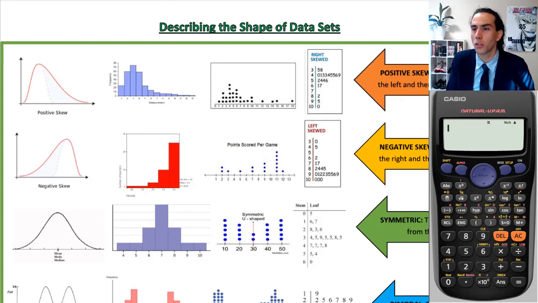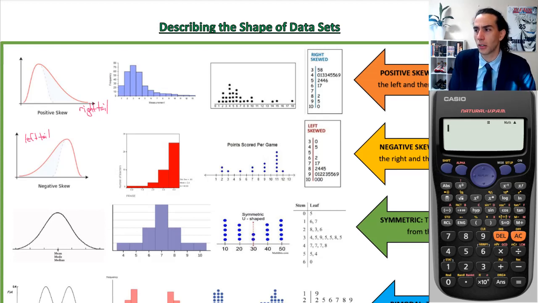So long tail. The tail, then it's positive. Long tail on the right. Negative. Let's go long tail on the left. So what that means is you got the peak, but a long tail there.